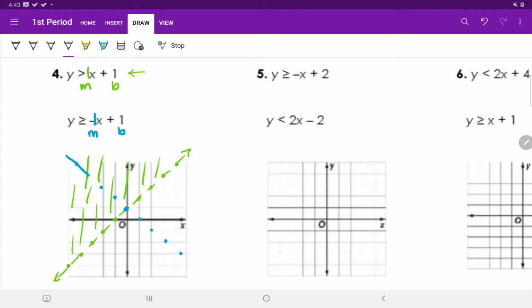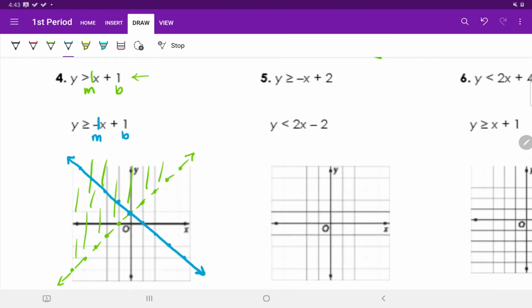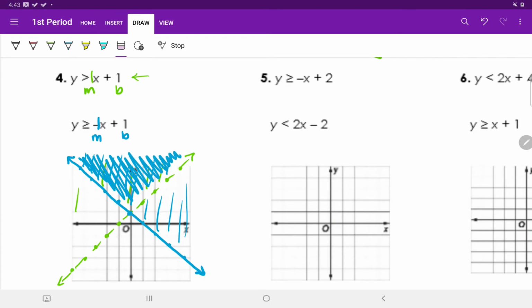This is going to be a solid line because our inequality has an equal to component, and we will shade above this line. Now we're looking for regions that contain shading of both blue and green, which is going to be this region right up top. Everything else can be erased, all the other shading, and you have your solution.